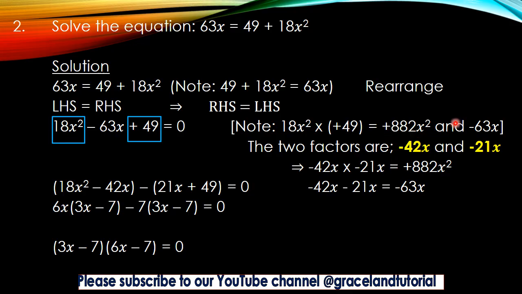Now we are going to compare with minus 63x in the middle, meaning that we'll look for two factors that when we multiply them together, will give us plus 882x squared, and when you add the two factors, it will give us minus 63x.